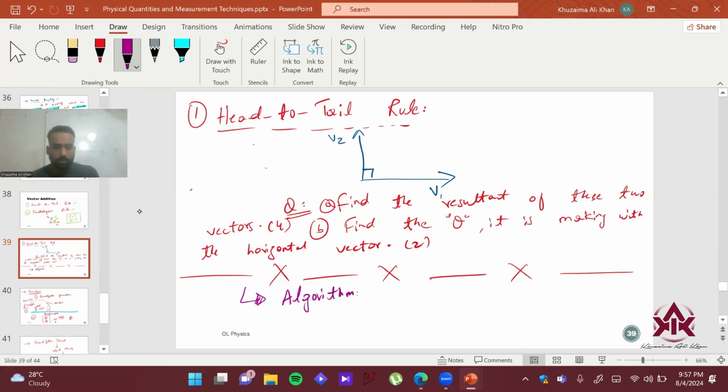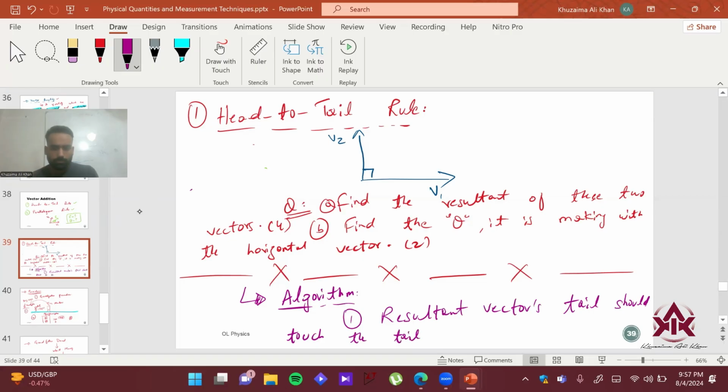This algorithm is as follows. The first step: the resultant vector's tail should touch the tail of one vector.